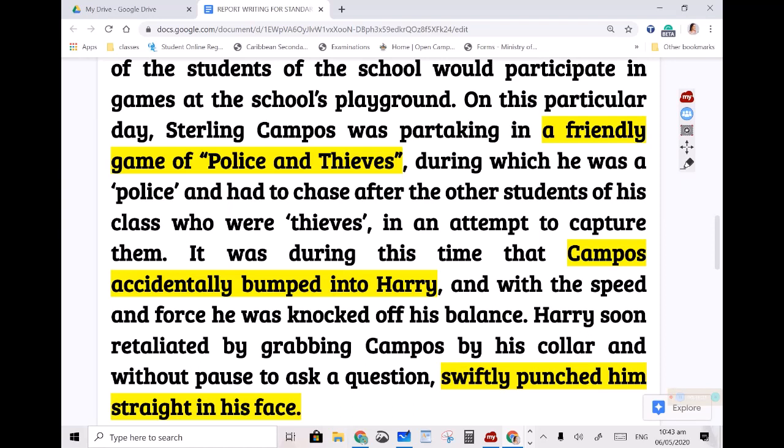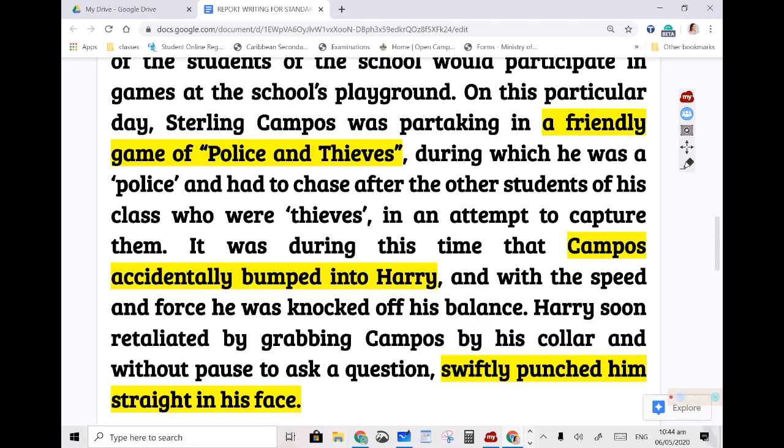So a friendly game of police and thieves, and thereby, as we see proceeding, some aspect of the game was actually described, during which he was a police and had to chase after the other students of his class who were thieves in an attempt to capture them.